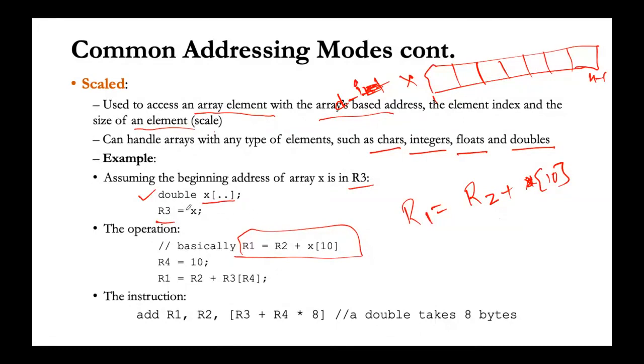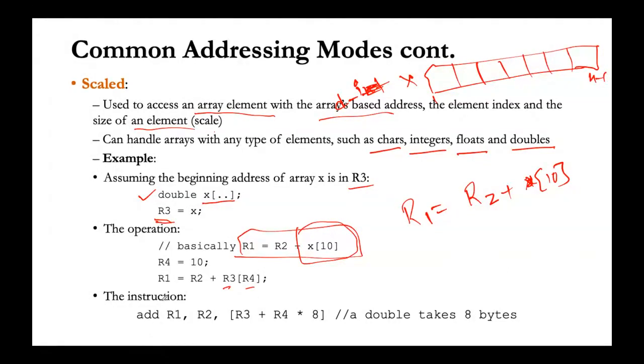So what it means: first, the base address is stored in R3 to calculate the address of the second operand. The base address is stored in R3, and R4 consists of a total of 10 elements. So that is the offset. It gives the element index and the size of the element. This will be written as R2 equal to R3 of R4, where R3 is X and R4 is your 10 in the square bracket.